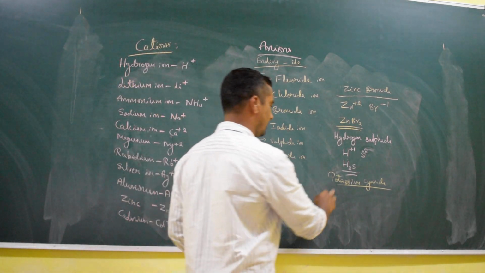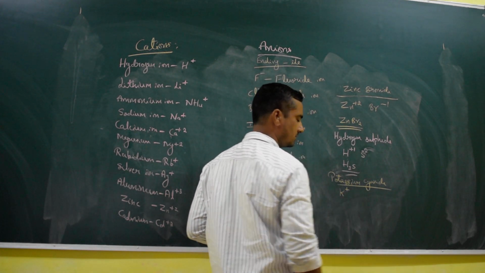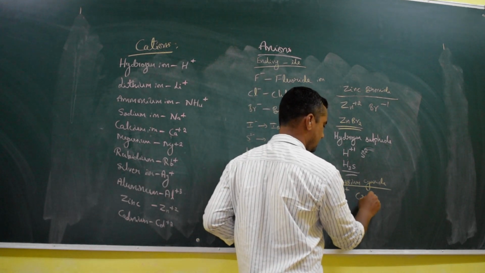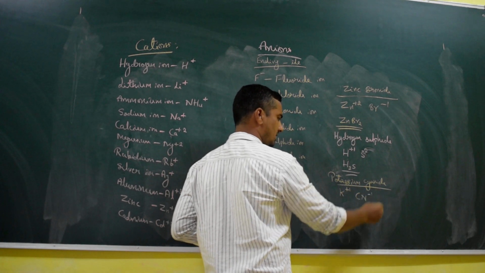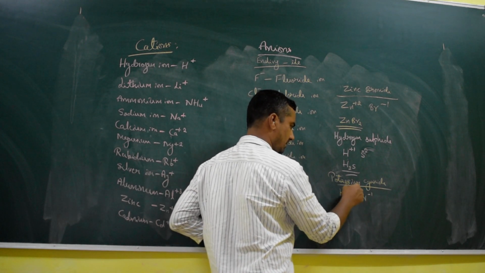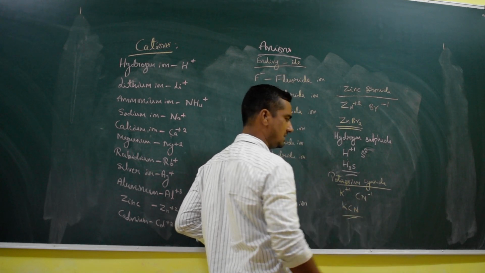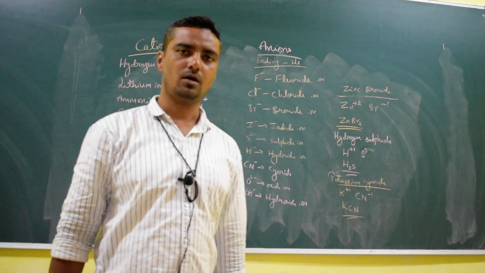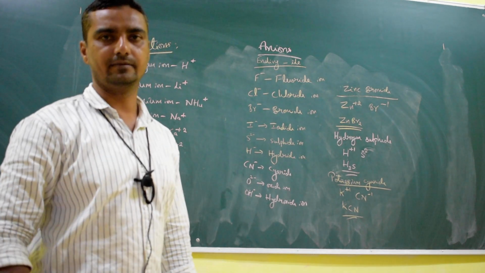You should remember that. Potassium is K plus, and cyanide is CN minus. Plus is +1 and minus is -1, so they cancel. Then it becomes KCN, potassium cyanide. It is not KCN2 or K2CN. That is wrong. KCN is the right answer.